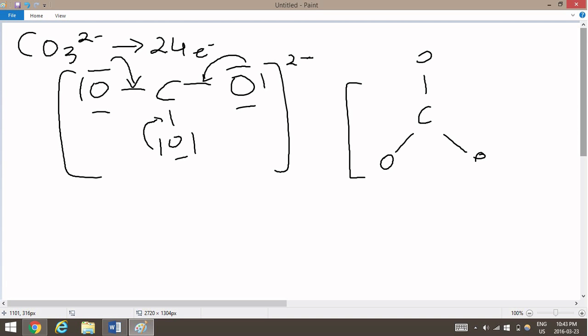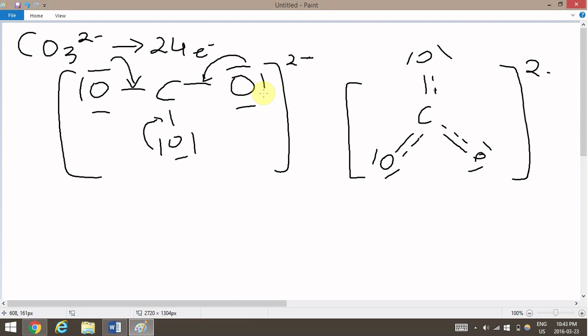However, instead of having 3 sets of unpaired electrons around it, each of the oxygens will have 2, with a 2 minus charge. And because there can be a double bond at any one of these locations, we simply draw a dotted line to indicate the possibility of a double bond at any one of these locations.